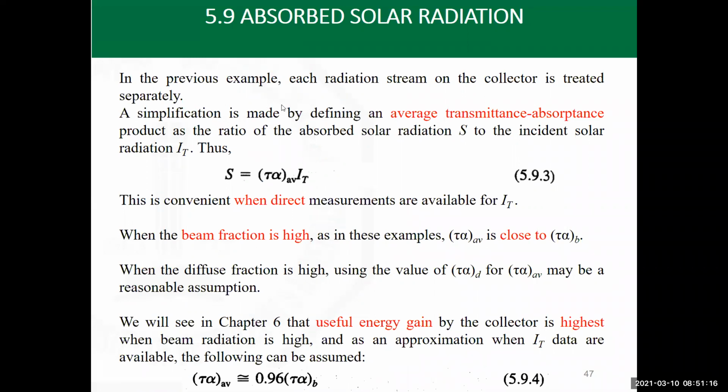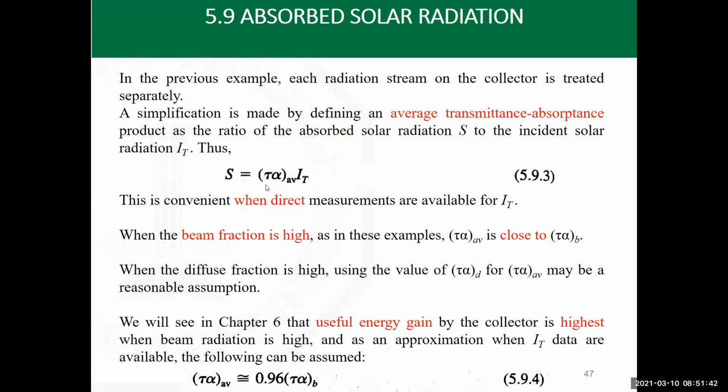In the previous example, each radiation stream on the collector is treated separately. A simplification has been done so that they can be combined together, by defining an average transmittance absorptance product as a ratio of absorbed solar radiation S to the incident solar radiation IT, so that S over IT is simply tau alpha average.